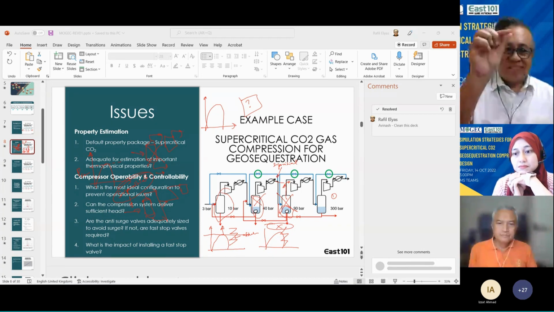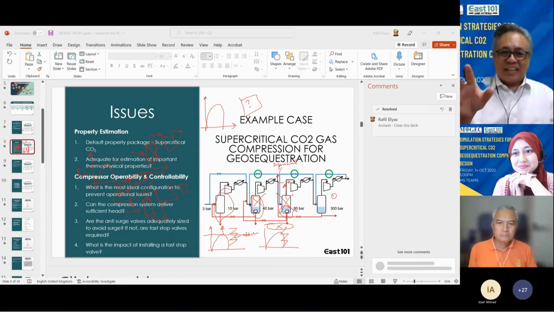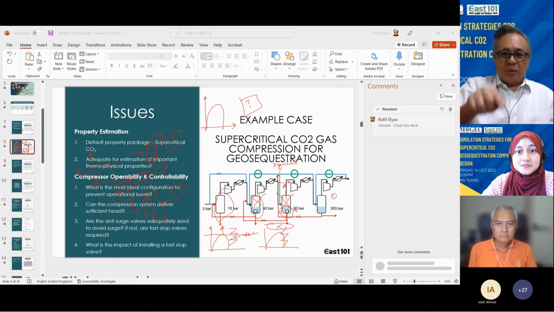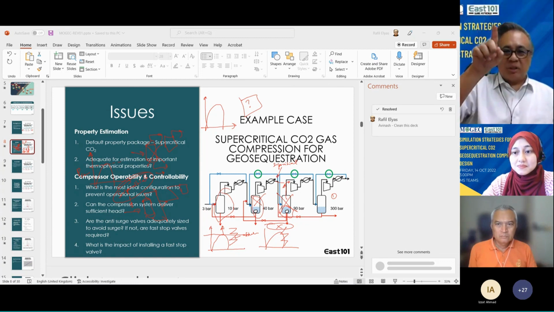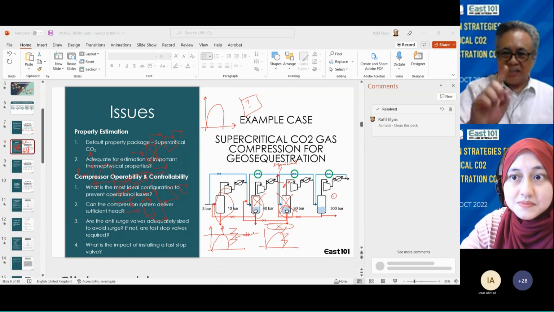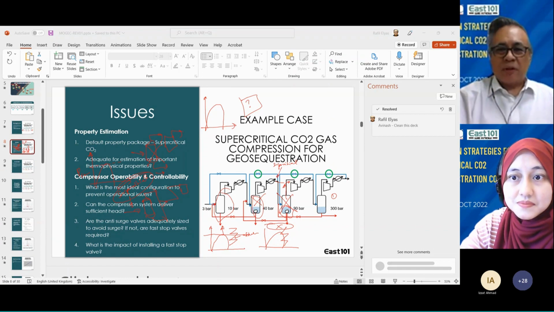Treat me like a gas. Unisim has actually solved that problem in steady state. In HYSYS, when you're in the supercritical region, it'll either flip you between 0 and 1. But in Unisim, you can force it to say, treat me like a gas or treat me like a liquid. So Unisim has that phase forcing feature inside. HYSYS doesn't have it. I forgot about that.